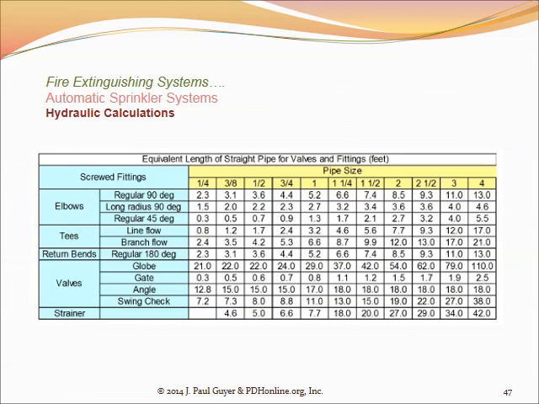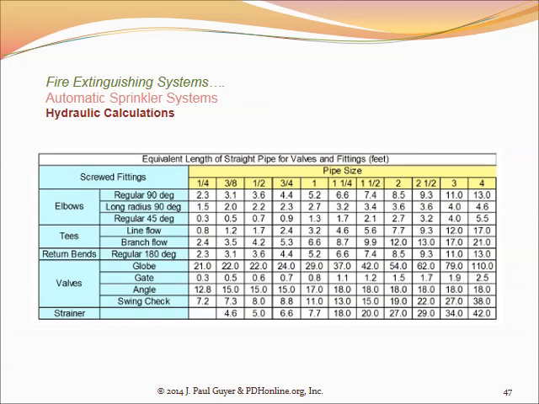And so you've got a preliminary layout, and you convert all of that piping to equivalent lengths of straight pipe, using a table like you see here. That converts fittings into equivalent lengths of straight pipe. So, for example, a regular 90-degree elbow, 1-inch pipe size, that elbow is the equivalent of 5.2 linear feet of 1-inch pipe, and so on and so forth for everything in the distribution system: the elbows, the T's, the valves of the different types, and strainers, and so on and so forth.